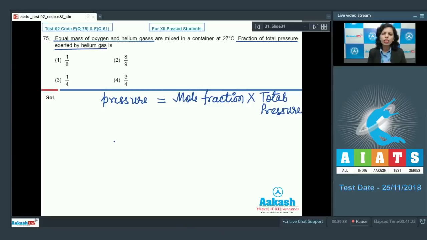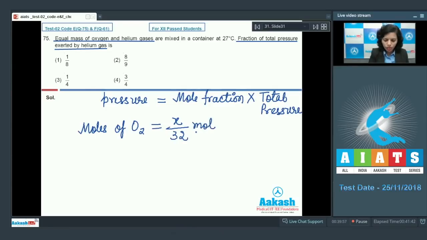Let's assume both of these gases have the mass x gram, and if they have x gram mass, then moles of oxygen would be equal to the given mass of oxygen divided by its molar mass. What is that? That is 32 gram per mole. So I'm just going to divide it by 32. So these are the moles of O2. Now what are the moles of helium? Those would be X by 4 mole.